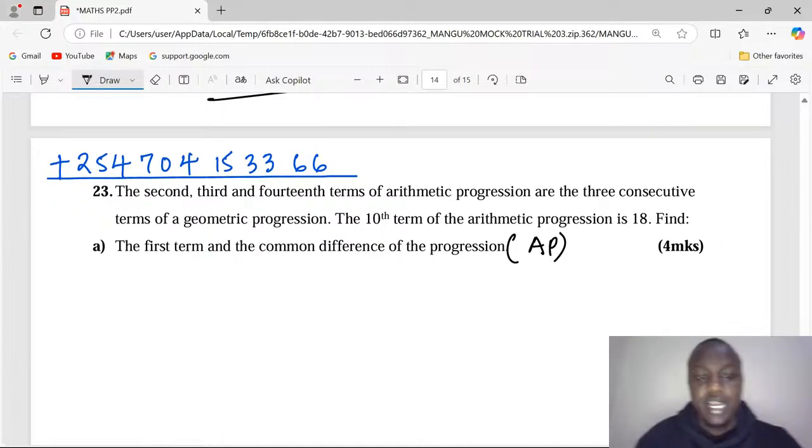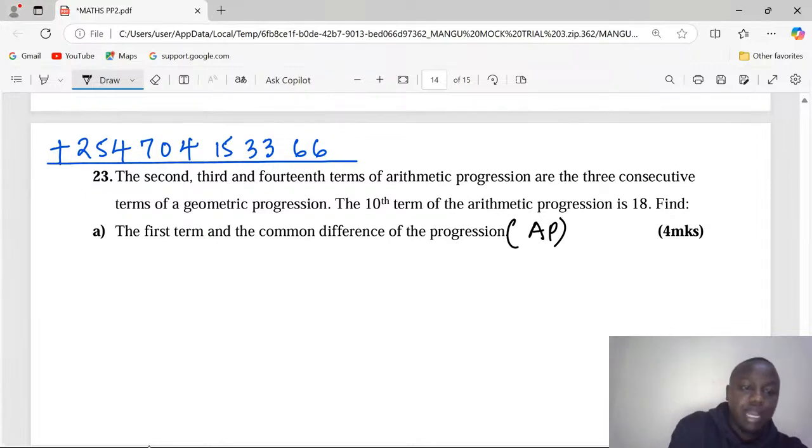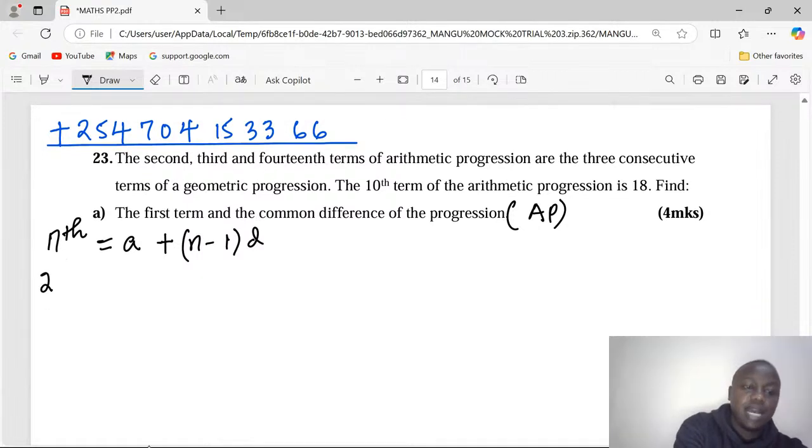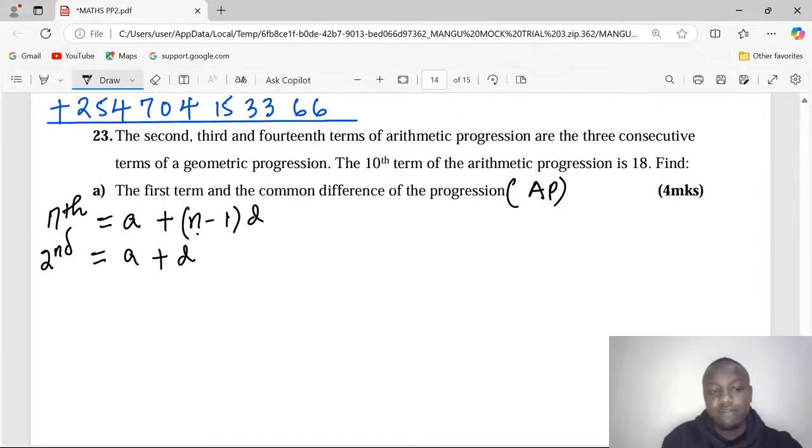Anyway, for us to get the nth term, there are a few things we are supposed to conclude. The nth term is generally given by the first term plus n minus 1 multiplied by d, which means the second term of an AP is A plus d.